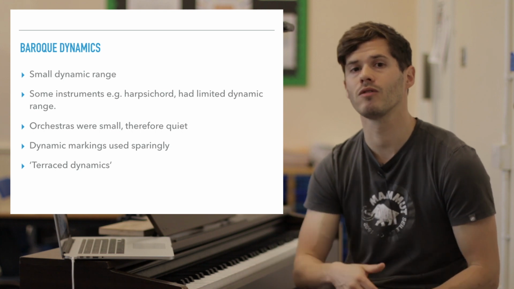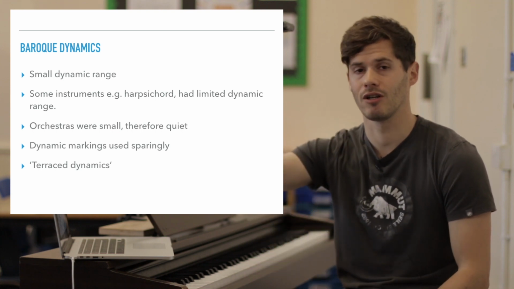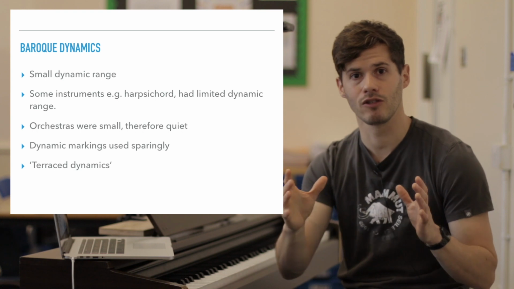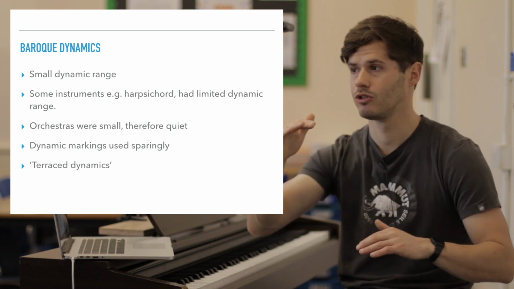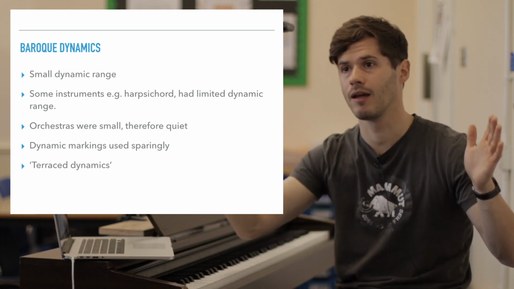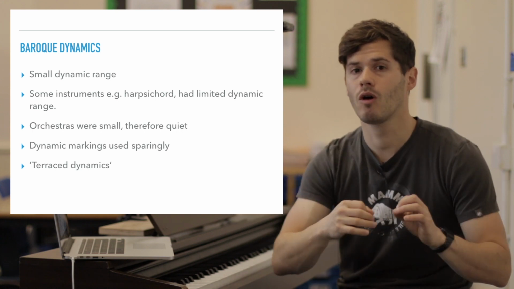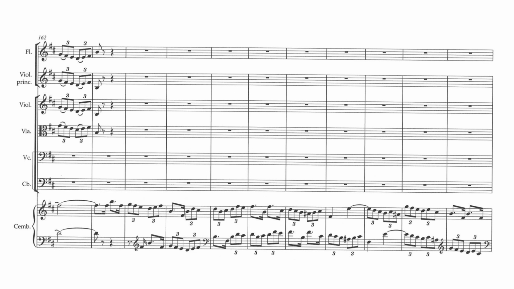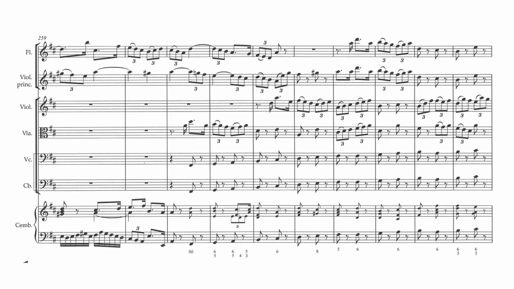So if a composer wants to make a louder section, then rather than telling the individual instruments to play louder, he will just introduce more instruments. So the more instruments that are playing, the louder it will be. So in a quieter section of music, there will just be a few instruments, and then to increase the volume, they will introduce more and more instruments to make it louder.